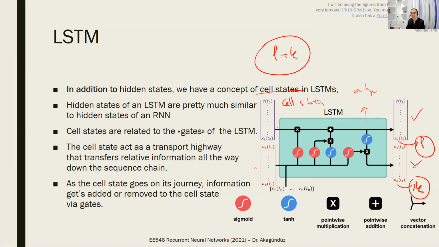Cell state is connected to the previous one on a highway where there are some gates, like bridges going up and down. So they could be kept, they could be forgotten, or they could be updated. So cell states can change, can be forgotten, which means reset, or can be kept the same as the previous one.